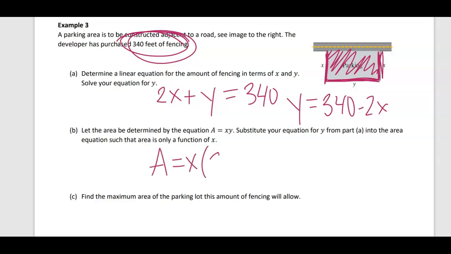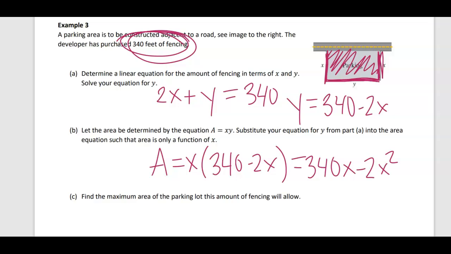So area is equal to x times y, but in place of y, I'm going to plug that in. And so I'm going to get 340x minus 2x squared, or minus 2x squared plus 340x. Find the maximum area of that the fencing will allow. Well, I'm going to find the maximum of this.